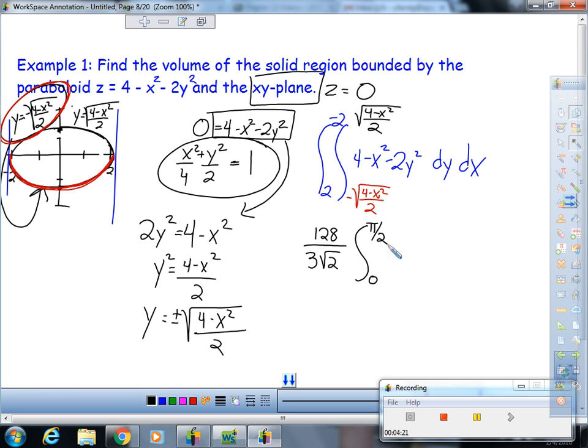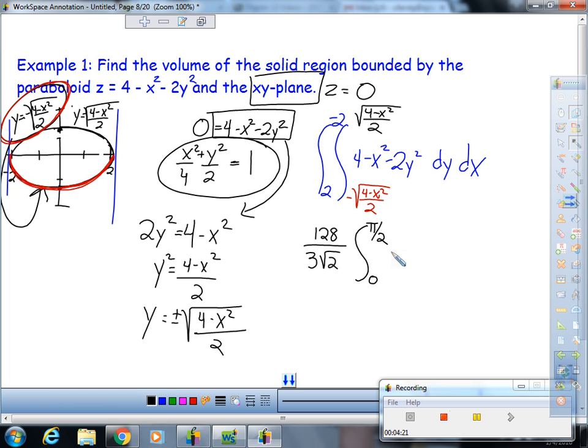If you're wondering how I got pi over 2 when we started out with negative 2, well, in one of the steps we substituted and let x equals 2 sine of theta. That's just part of the really tricky integration that goes with these, which is exactly why we just want to use our technology.